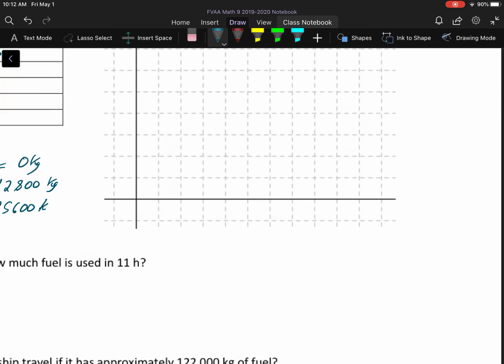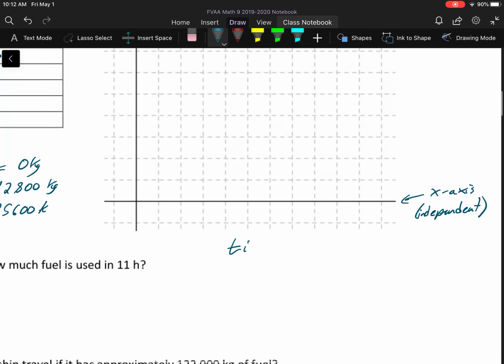Your x variables, independent variables, are always on the x-axis, right? This is the x-axis, and it holds the independent variables. Okay, so here it's time, right? We said that time is our independent variable in hours, and each of these is going to be 1, right?